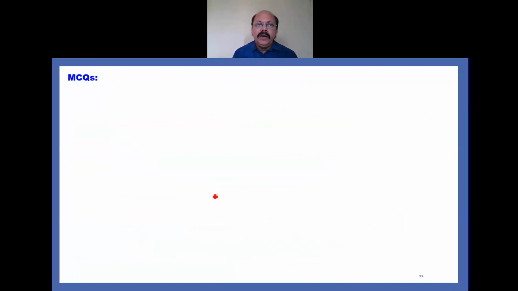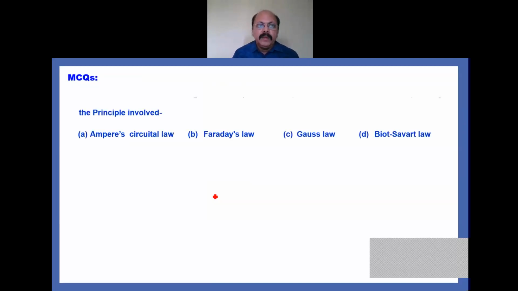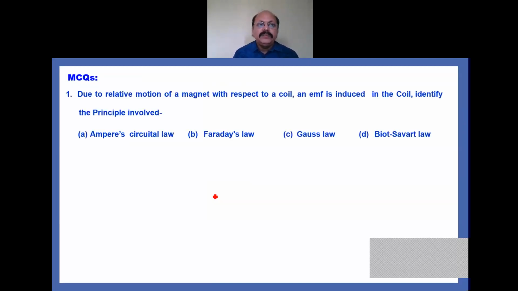Now whatever you learn, we recapitulate in terms of MCQs. So the first MCQ: due to relative motion of a magnet with respect to a coil, an EMF is induced in the coil.